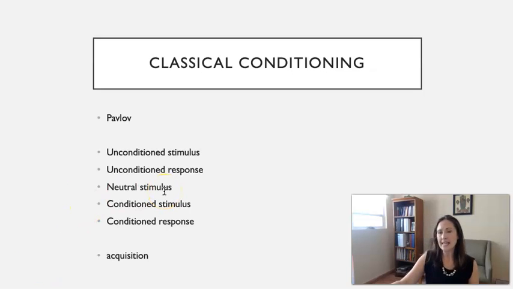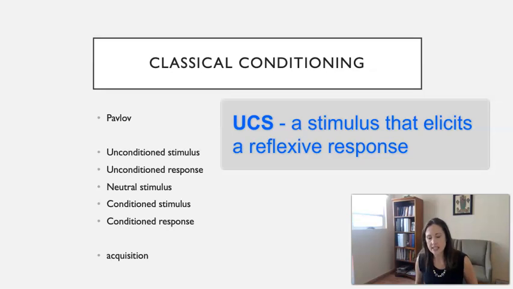So what he did was, and we'll go through these definitions. Let me define these definitions, and then I'm going to write the classical conditioning equation for you so that you can see how this works. So first, unconditioned stimulus. This is a stimulus that elicits a reflexive response in the organism.